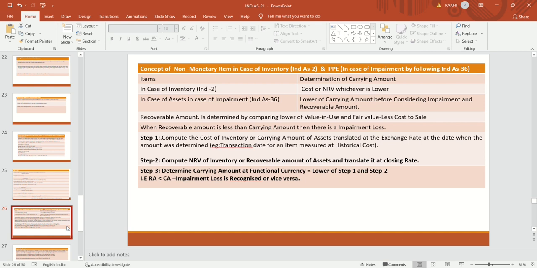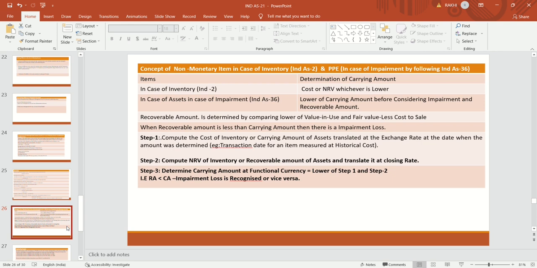How will we determine the recoverable amount? It is the higher of value in use and fair value minus cost to sell.